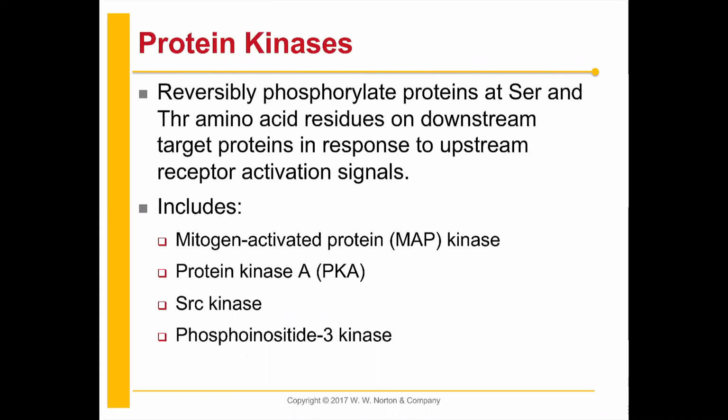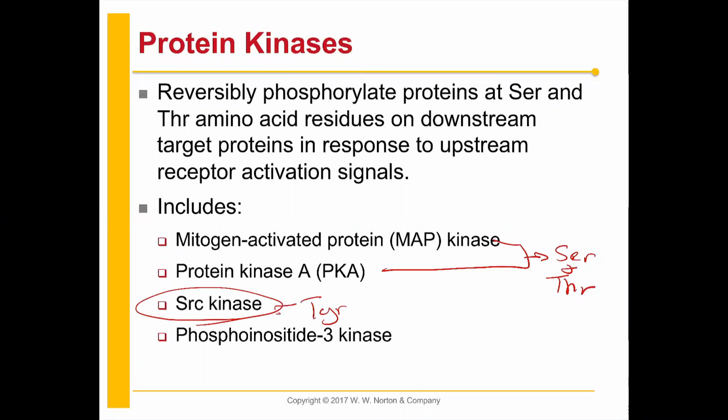Some examples of these are the mitogen-activated protein kinases, the MAP kinases, and protein kinase A, PKA. Both of those phosphorylate serine and threonine. The Src kinases phosphorylate tyrosine residues.